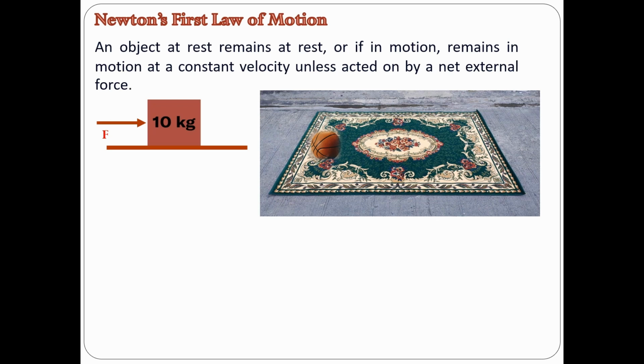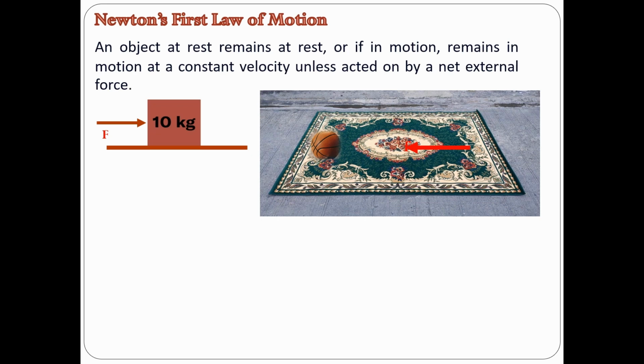Why does the ball, when rolled against the carpet, come to a stop? The reason is there is friction between the ball and the carpet. Friction is a force that opposes motion. Friction always causes the object to slow down and eventually come to a stop. So there is a net force acting on the object, and that is friction.